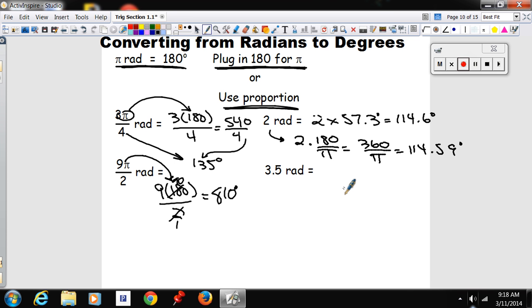What do you think about the two answers? They're the same, because you would round this to 114.6 also. So you could solve it either direction, either way you like. If you don't see a pi in the problem, you could simply multiply it by 57.3 degrees, because that's what each radian is. Or you could multiply it by 180 over pi, because that's my conversion factor. So either way works.